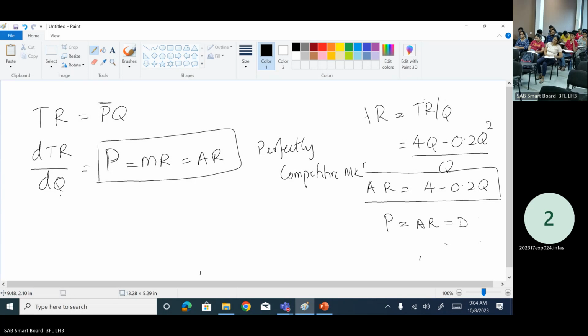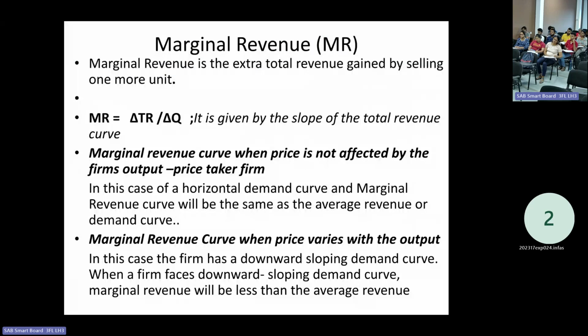And the marginal revenue curve when the price varies, the price takes different forms. That means in an imperfect market situation, what happens? Either price or quantity can be controlled by the firm over the demand curve, based on the demand.